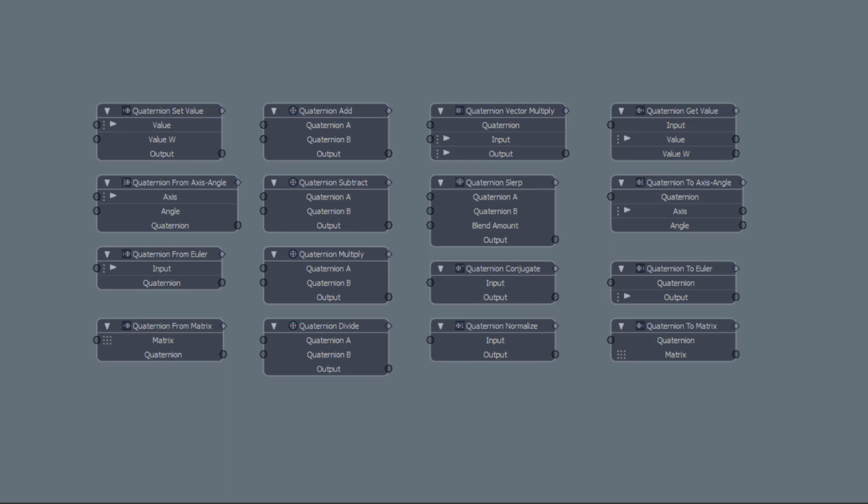Most of MODO's tools work with Euler angles at the UI level, and these are converted to matrices internally. If you want to use Quaternions instead, then MODO provides a set of channel modifiers to help you, and these fall into three categories.